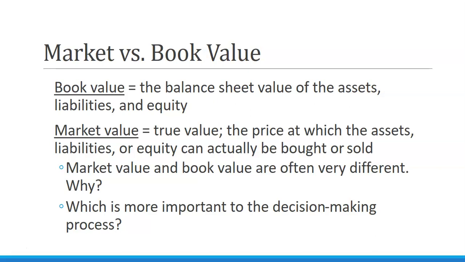Because of accounting rules, we have to record things on our balance sheet at historic cost, which means the cost that we paid for them at the time. The market value of a property that was purchased 100 years ago can be significantly different than what the historical cost of the property was that is carried on the books. Now, which of these is more important to the decision-making process? Well, often market value is what we're going to be looking at.